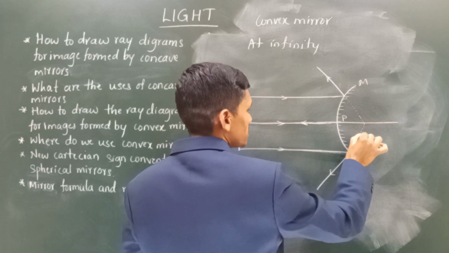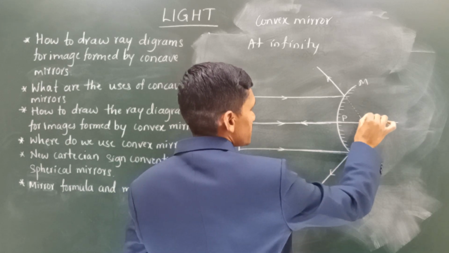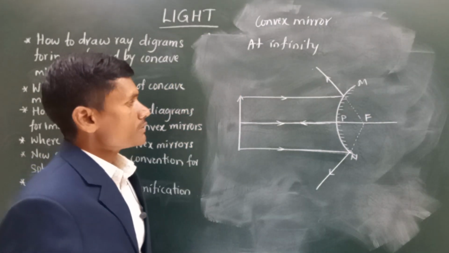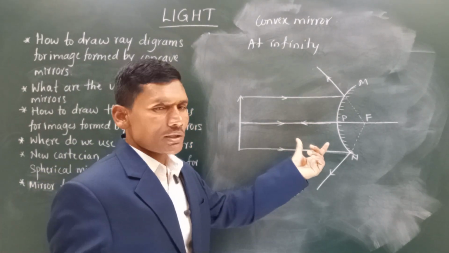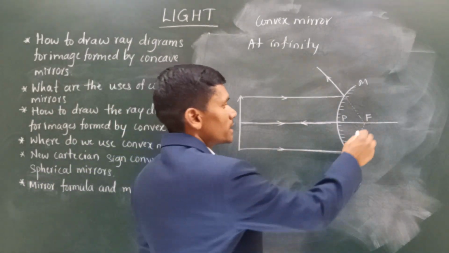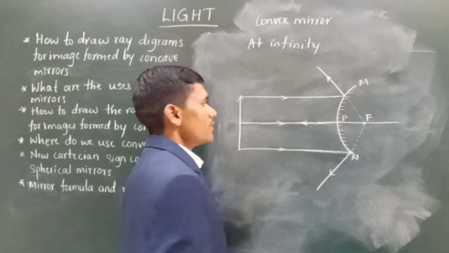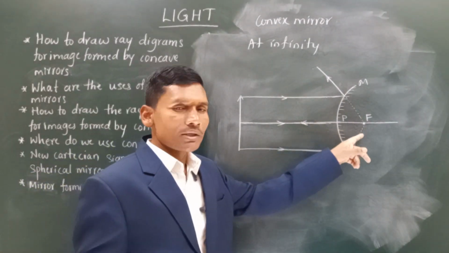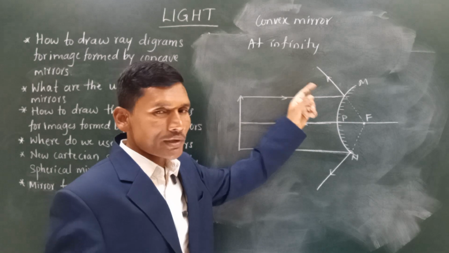This point is called the principal focus. Now, the image appears to be formed at the focus. When the object is at infinity, the image is formed at the focus in case of a convex mirror.